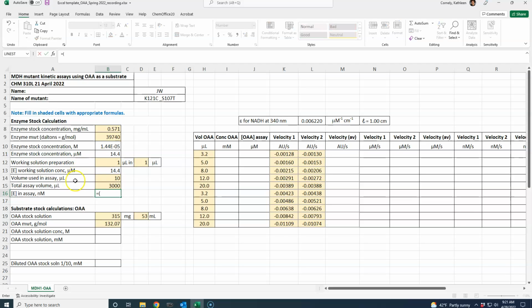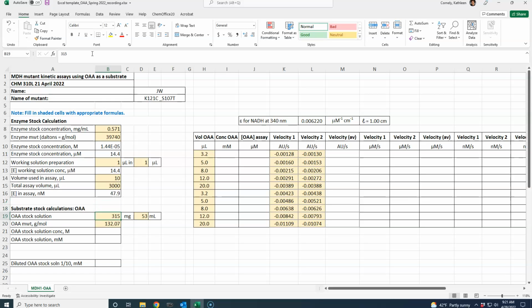So if we use 10 microliters of an enzyme solution that's 14.4 micromolar, and then we divide by the total volume, that's the value that we would get in micromolar, but we want to multiply by 1,000 to get this value in nanomolar. And we're going to use that later when we calculate the k observed. So it needs to be in nanomolar.